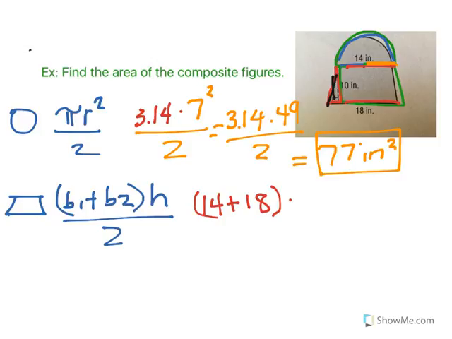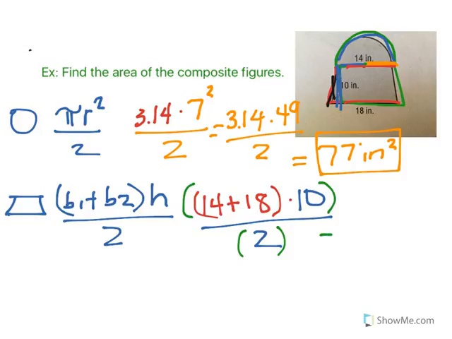And I'm going to multiply that by my height. My height is going to be 10. That's this height right here. And then I'm going to divide it in half. Again, please follow order of operations. Please do everything in the numerator first, and then divide by the denominator second.